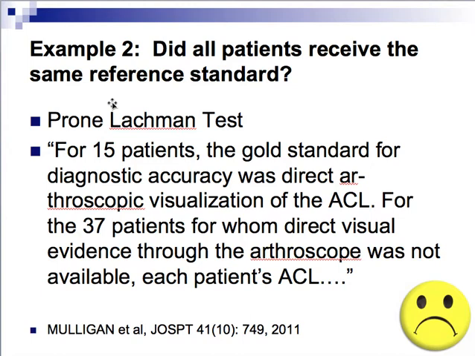And likely there's going to be more negative findings in the 37 patients who aren't going under arthroscopy and more positive findings for the 15 patients who are undergoing arthroscopy. And that's why it's called verification bias. It's biased toward the gold standard being better for the people who actually have, or are verified as having, the problem.